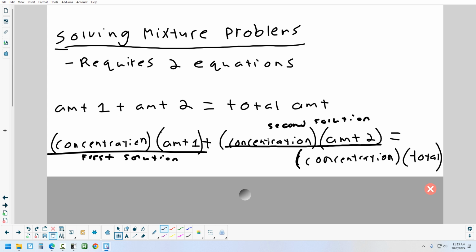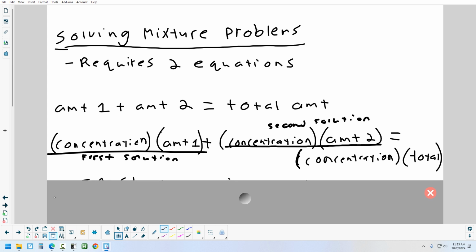That's going to be the concentration of that solution times how much I use. And the third part, on the other side, we'll call the final mixture. That's going to be the final concentration times the total amount of liquid I need.